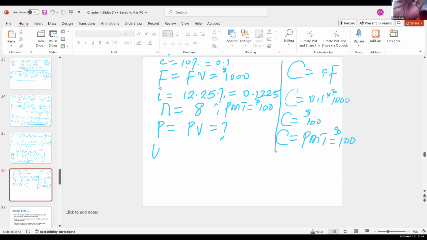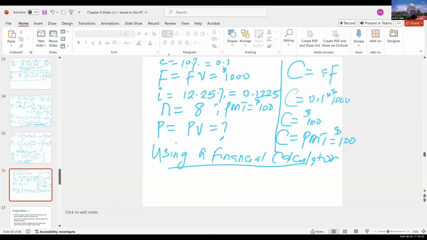So using a financial calculator, this is what you're going to do. You're going to enter these values. I like the BA II Plus calculator. It's very easy to use because those functions are there: present value, interest rate, payment, future value. So I enter the future value, FV, is $1,000. You enter 1,000, then press FV, then enter. You must press enter, because if you don't, it's not going to record it.